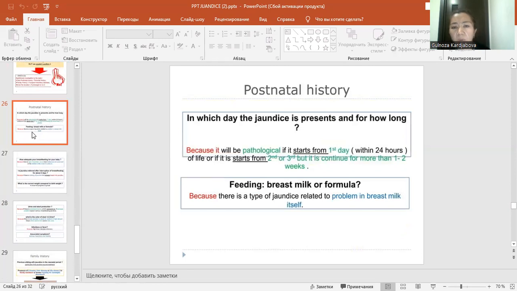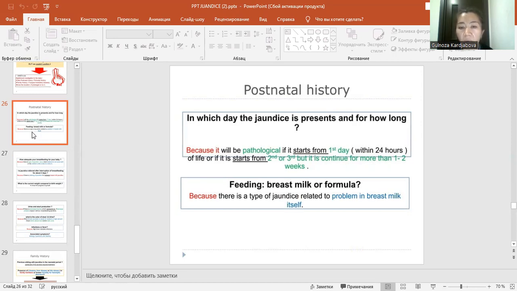So, what's the postnatal history? On which day is jaundice present and for how long? Because it will be pathological if it starts on the first day within 24 hours of life, or if it starts on the second and third day but continues more than 1-2 weeks.